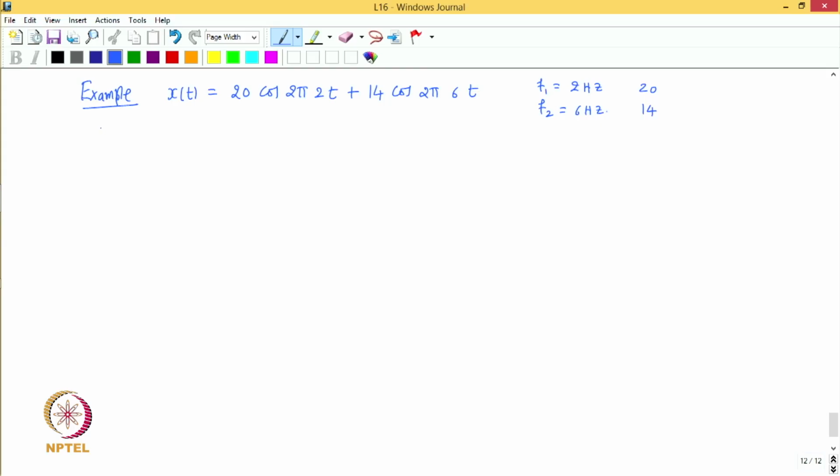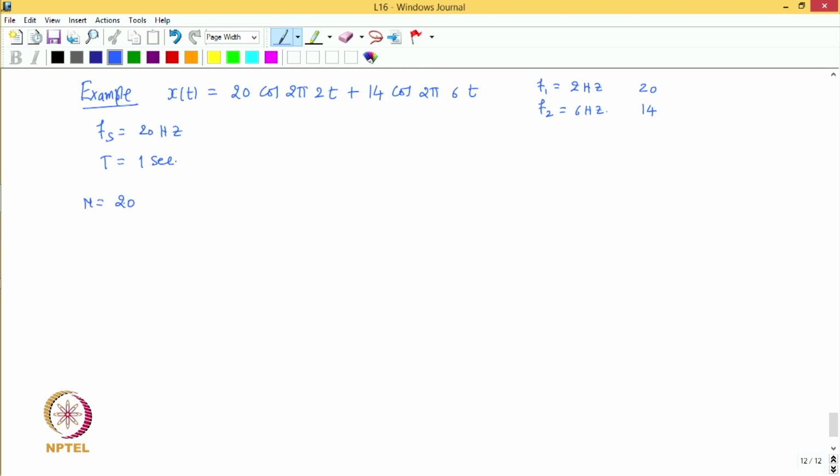Let us say that we use a sampling frequency of 20 hertz to sample the signal, and the signal is recorded over a duration of 1 second. Therefore, the number of samples would be equal to 20.